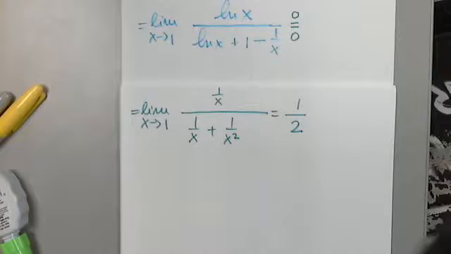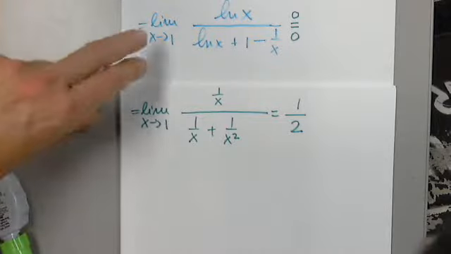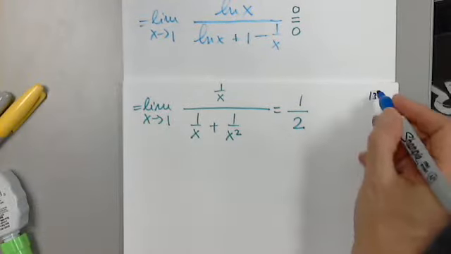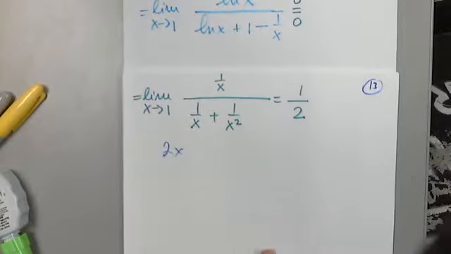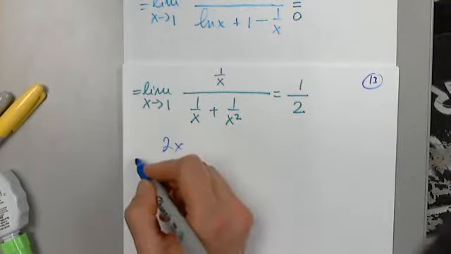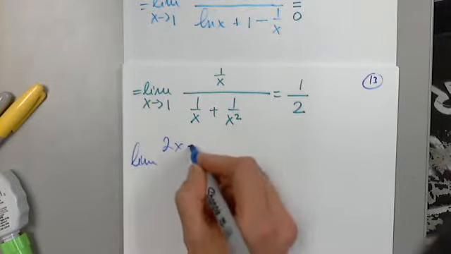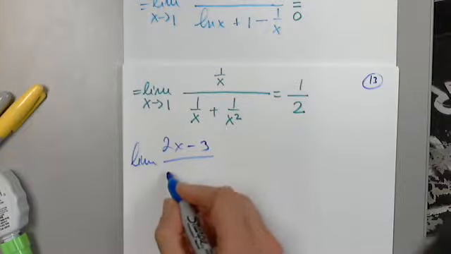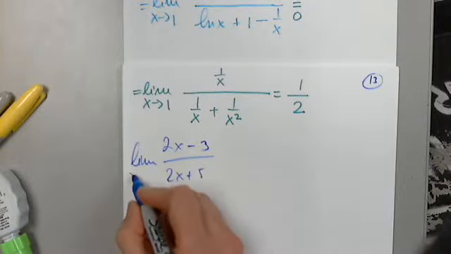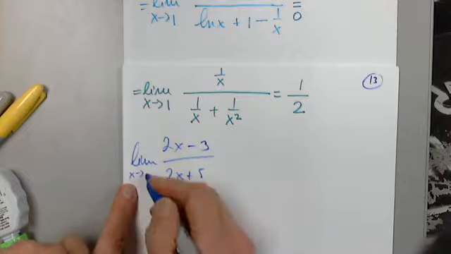Questions on L'Hopital's rule? Questions on graphing? I do have a question. Please, James. Earlier. Yes, any question. Oh yeah, the limit of 2x minus 3 over 2x plus 5, as x approaches infinity.